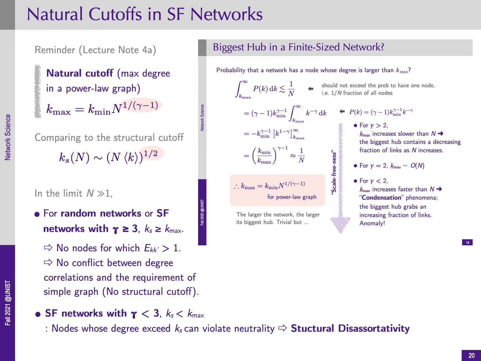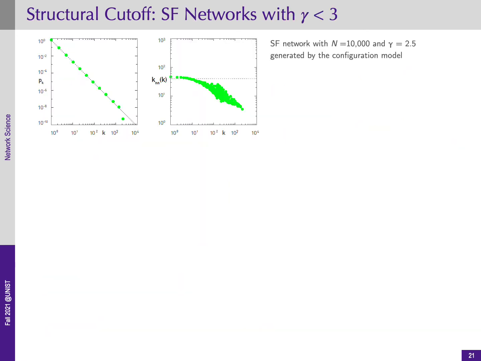But the story becomes more sophisticated, complicated, if the degree exponent becomes less than 3. Okay, so you start to feel the structural disassortativity. This negative correlation between the neighboring nodes' degrees is actually coming from the power law. So that's the underlying mechanism to explain why we observe disassortative correlations in many scale-free networks.